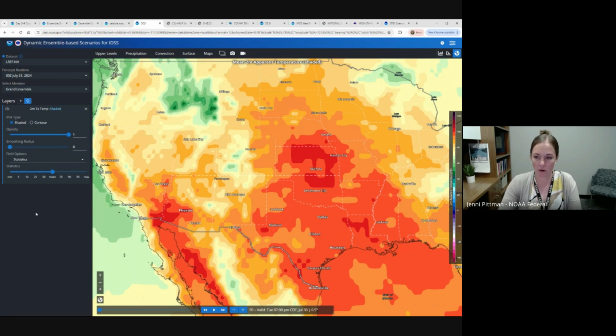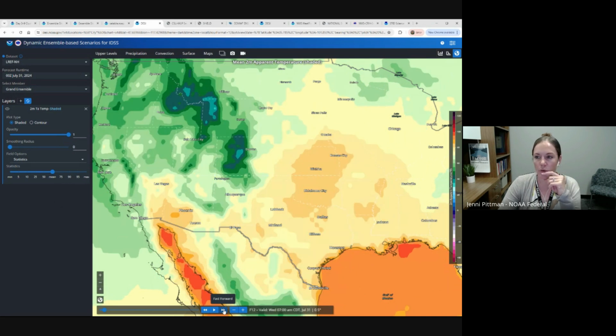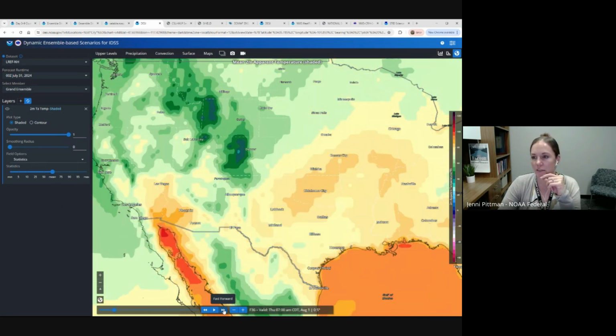This isn't quite as important in the West just because it's a little bit drier, but if you are in a central plains or eastern plains or even into the Midwest offices, this does become a little bit more important. And you can set thresholds, you can look at all sorts of things with apparent temperature. So we're just going to step through it just so that we can see kind of the mean apparent temperature as we go into these hotter periods.